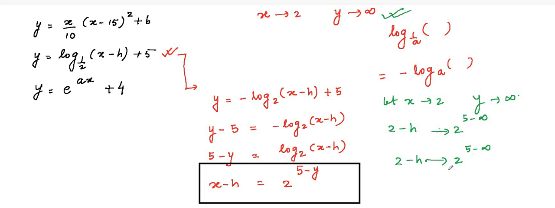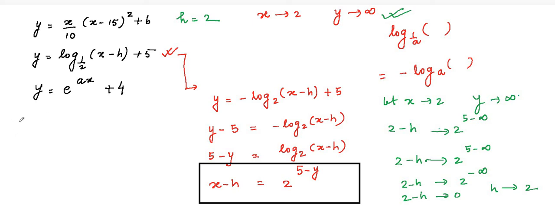So 5 minus infinity will be what? It will be minus infinity. It's obvious, right? So this will be tending to 2 to the power minus infinity. From here, 2 to the power minus infinity will be 0. So h will be tending towards 2. So the value of h that we have obtained is h equal to 2.